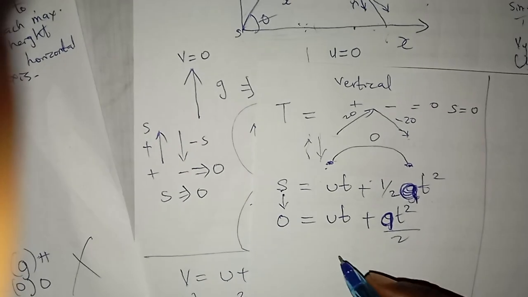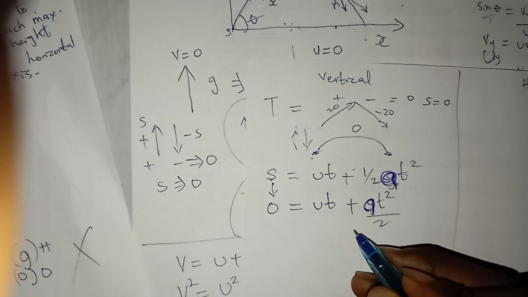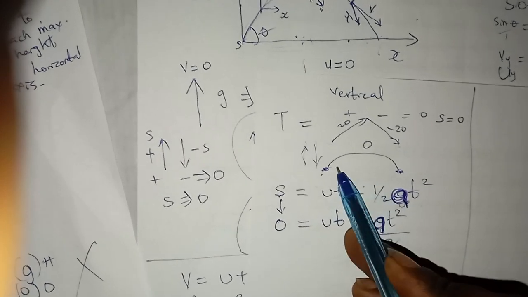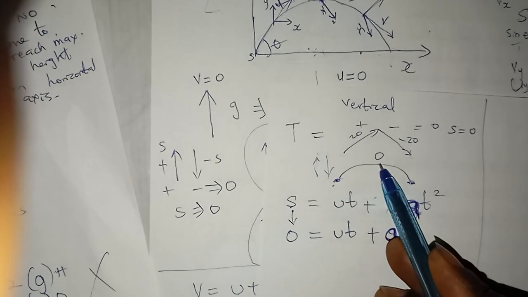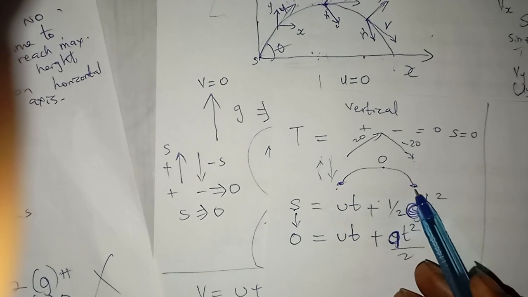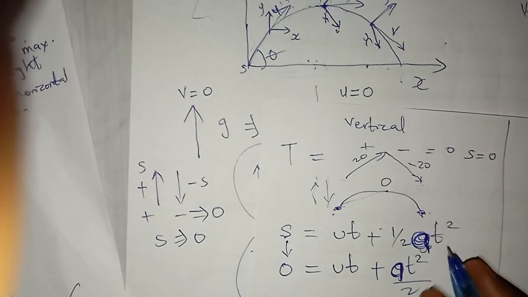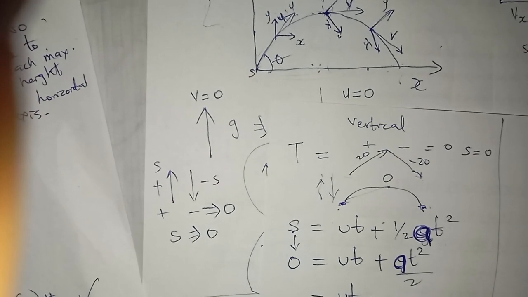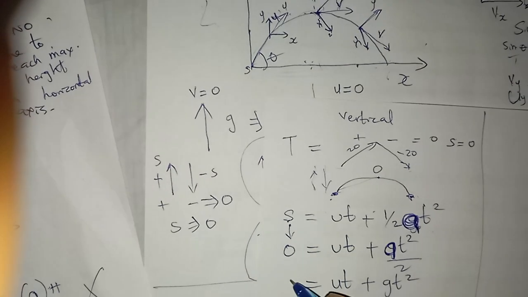Now, since it's gravity, and we are talking about total time taken, we need to change a to g, because when it went up it attained gravity, and when it came down, it still passed through gravity. It went up, gravity was experienced, it came down, gravity was also experienced. So this will now be equals to ut plus gt squared over 2, then 0.